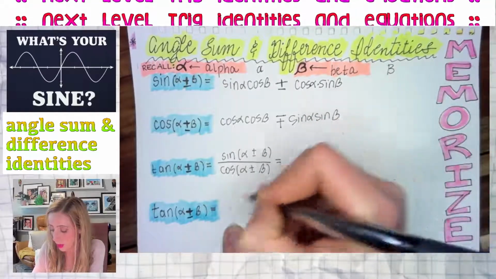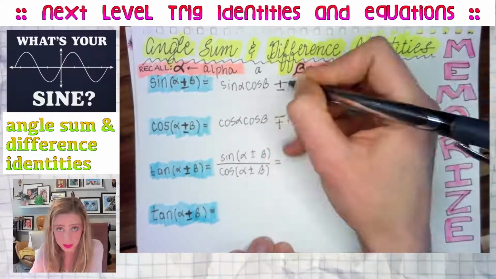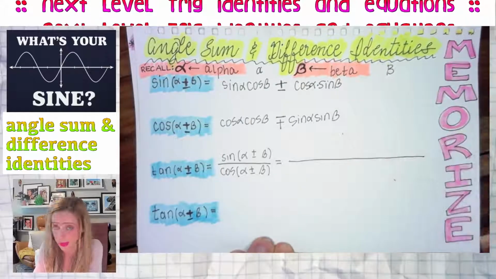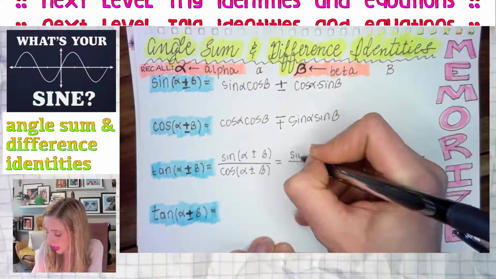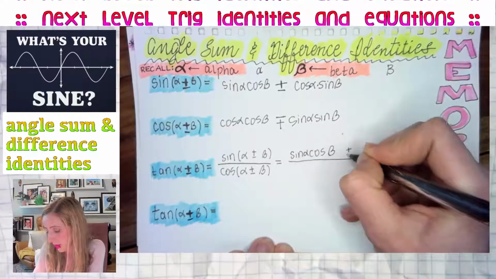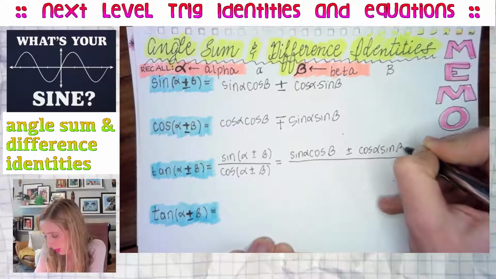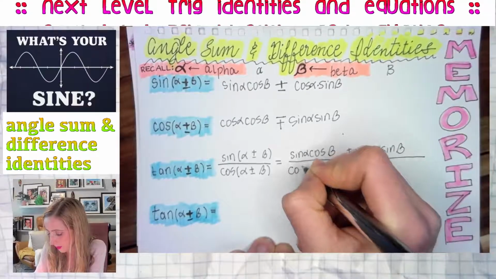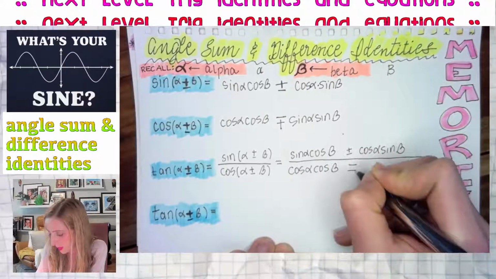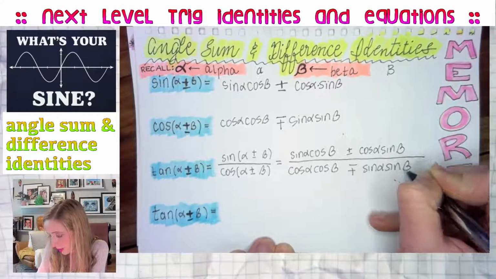So if you don't want to memorize the nicer tan rule and you memorized these two, well, I guess you could use sine alpha cosine beta plus minus cosine alpha sine beta over cosine alpha cosine beta minus plus sine alpha sine beta.